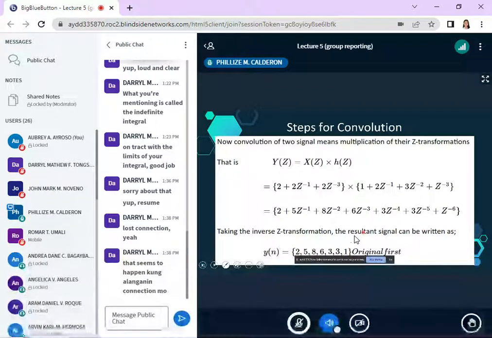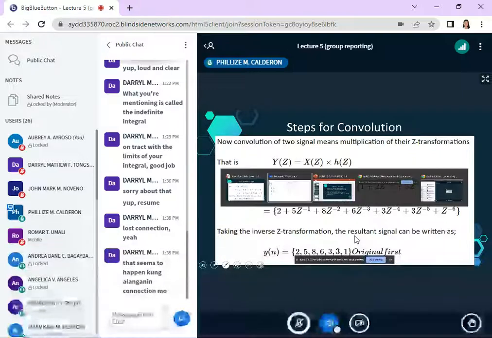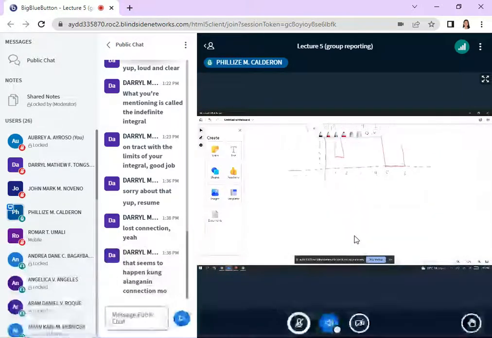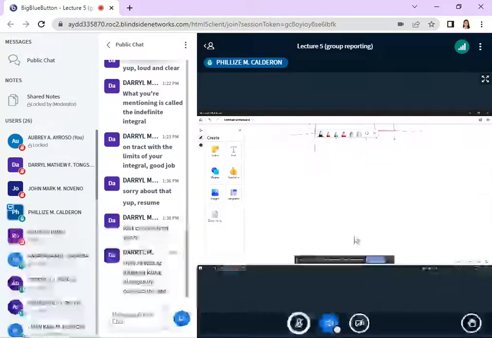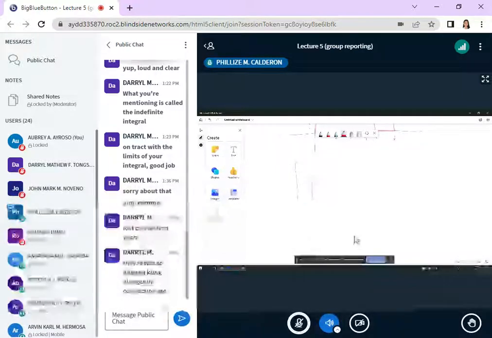Then, ipa-plot lang ulit natin. Kung ipa-plot natin siya, ang magiging itsura niya is ganito. At time 0, 2 siya. Tapos at time 1, umakyat siya ng 5. At time 2, umakyat siya ng 8.